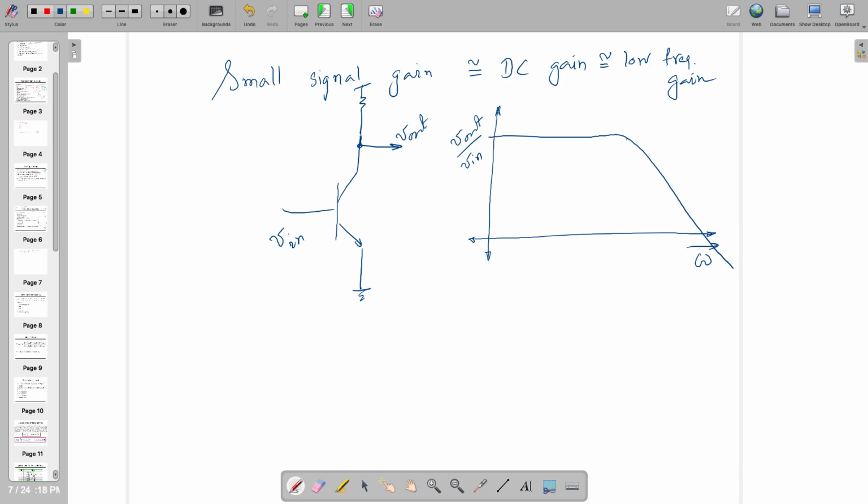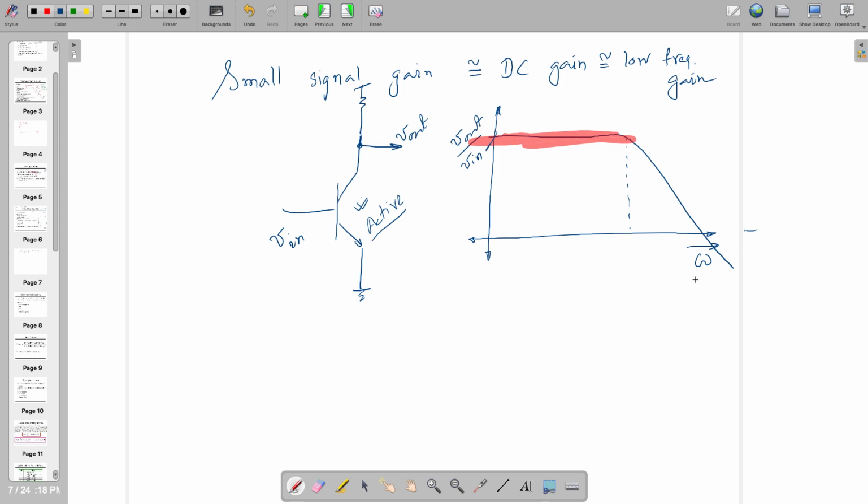After some frequency, the gain will be poor, and you are interested in only staying in this particular band. You are not interested in the higher band. I want to keep my transistor in active region for sure. This is not about region. Just look at the x-axis.